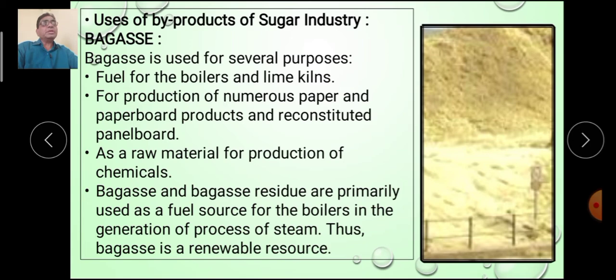Therefore, this is an important byproduct of the industry. Now, you can observe that newspaper contains some particles of bagasse, that is, newspapers are formed from it. The paper industry also runs on this byproduct.